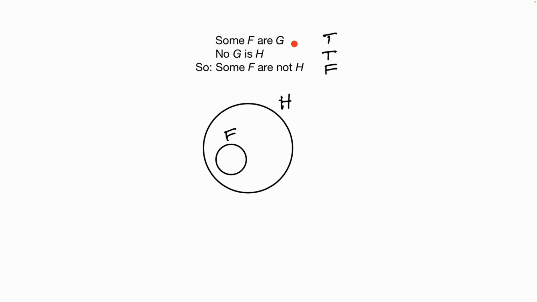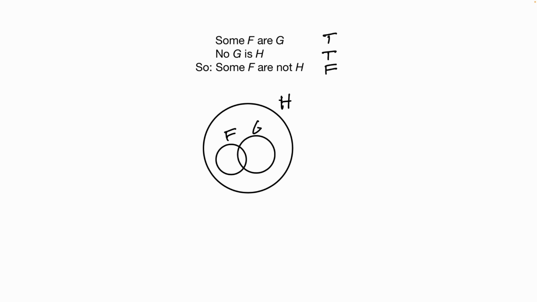Some F are G. That means that the things that are G have to overlap, at least to some extent, with the things that are F. So the circle representing the things that are G is going to have to overlap at least a little bit with the things that are F, but then that means I'm going to have at least some things that are G and H.